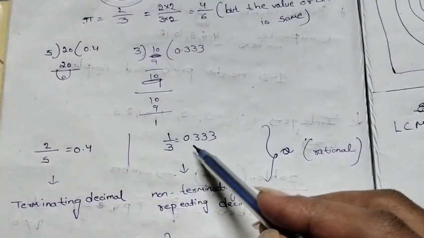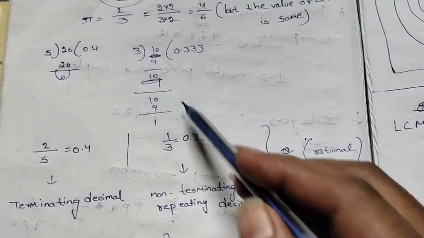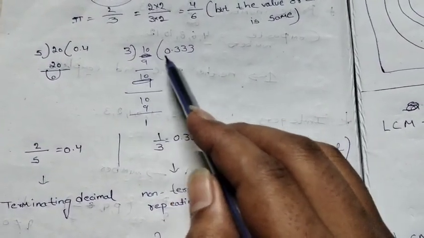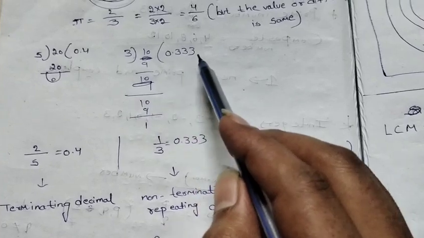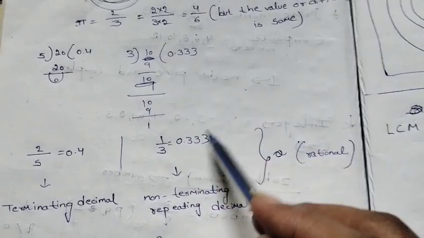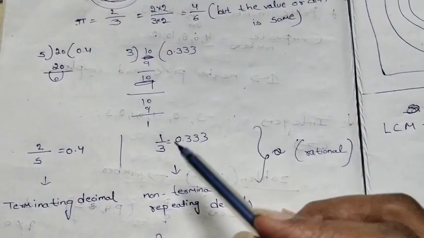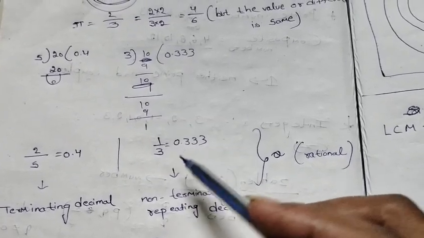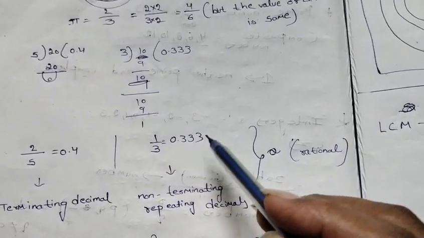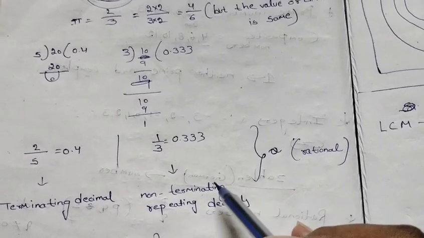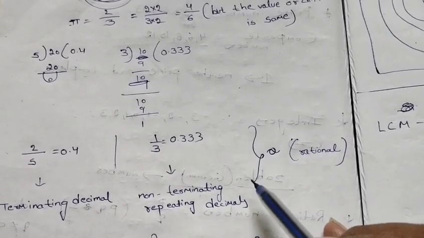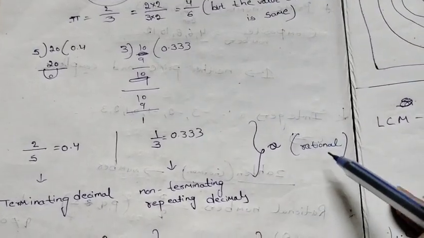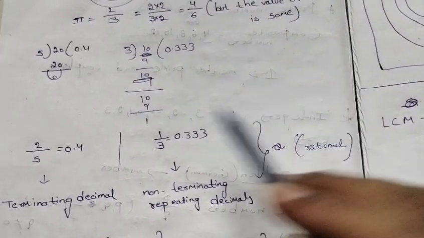And we can take another example, 1 by 3: we divide 3 into 1, put 0 and a point, and the value is 0.333 and so on. So the answer for 1 by 3 is 0.333, a non-terminating repeating decimal, while 0.4 is a terminating decimal. These are called rational numbers.